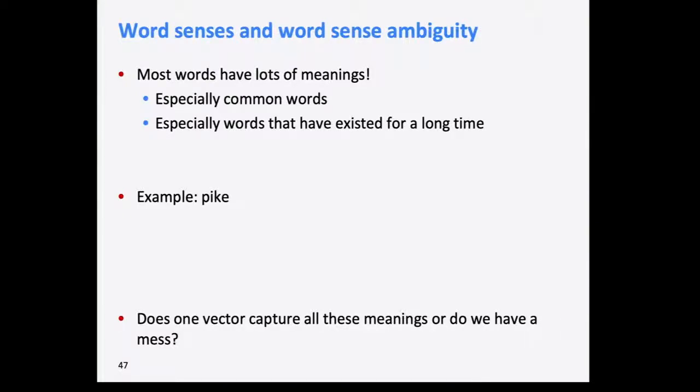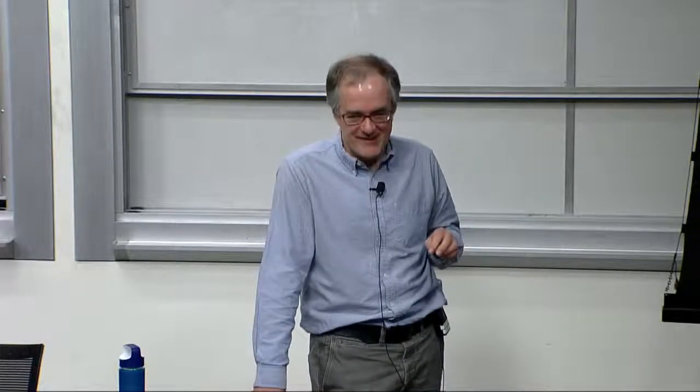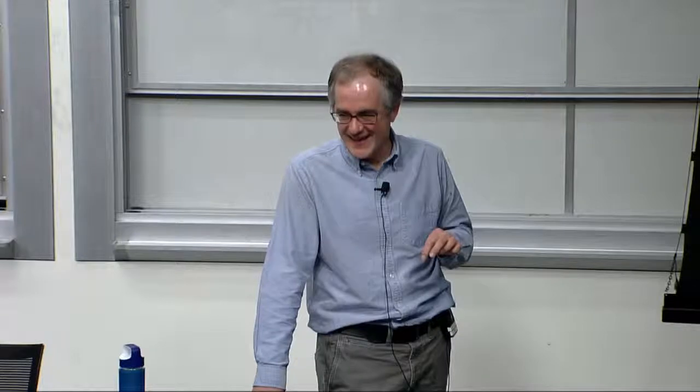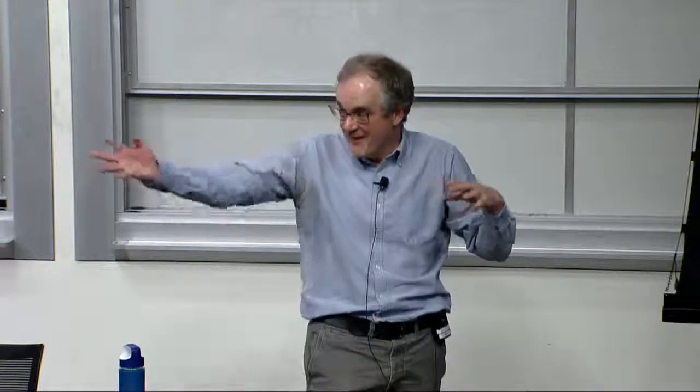Maybe this isn't even such a common word, but my random word here is pike. Pike has lots of meanings. It's a kind of fish, so there's a fish that's a pike. What else is a pike? A large spear, yes. Other kinds of pikes: a gymnastics move or a diving move. It's a road.